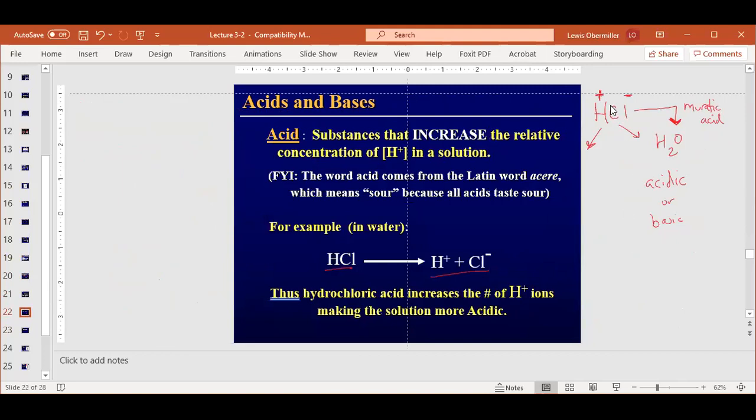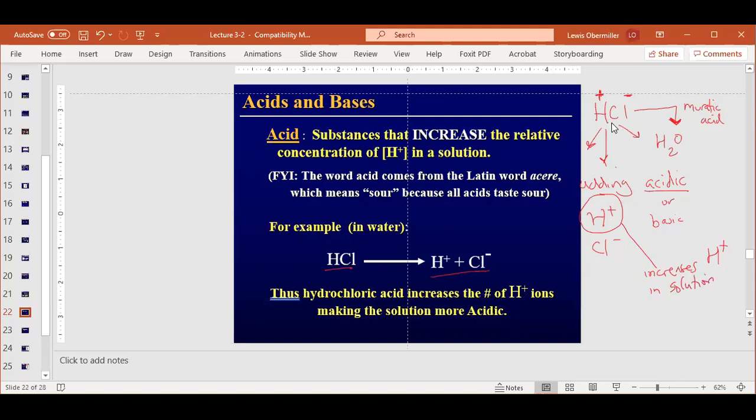And so because we're doing this, we're adding H pluses and we're also adding Cl minuses. Now, what's the definition of an acid? Anything that increases the H plus concentration in a solution.